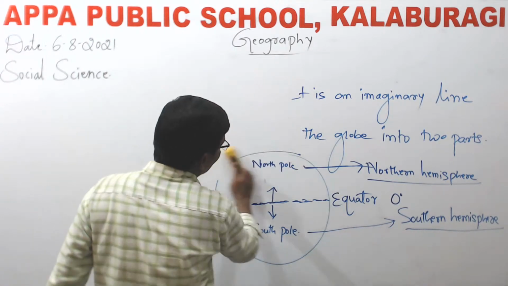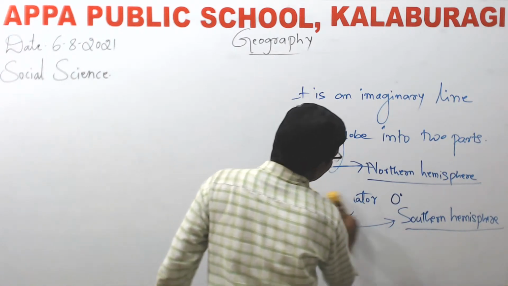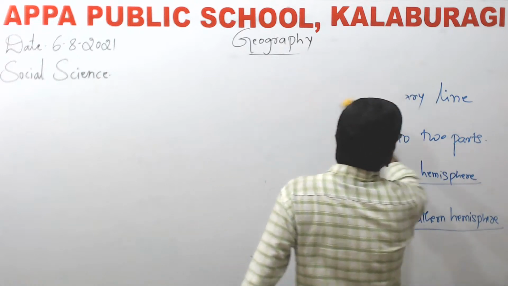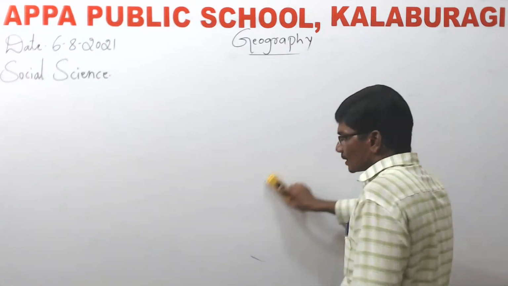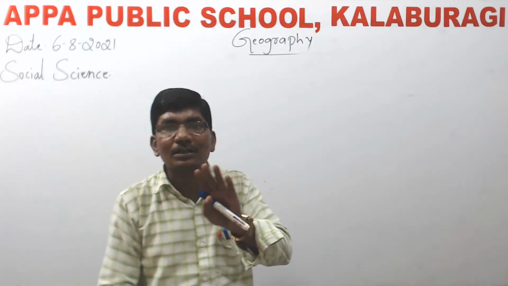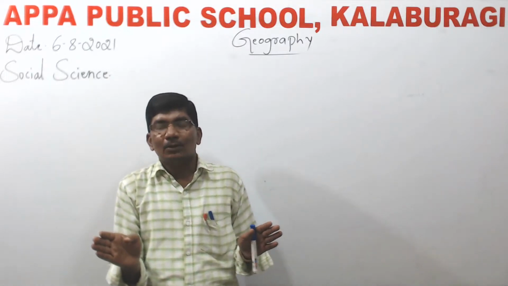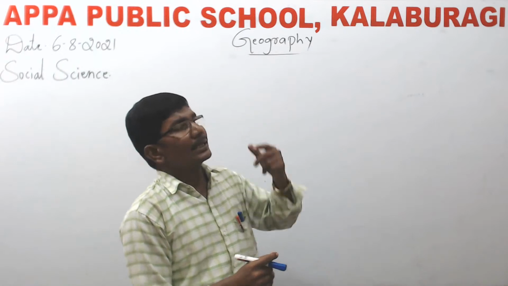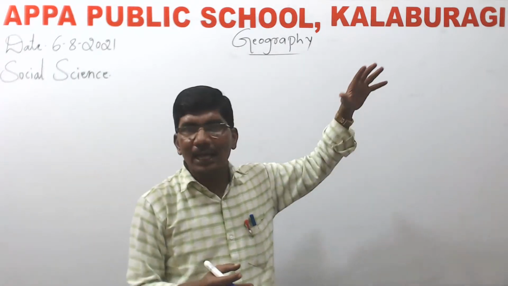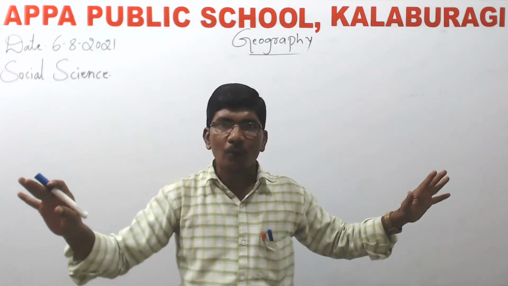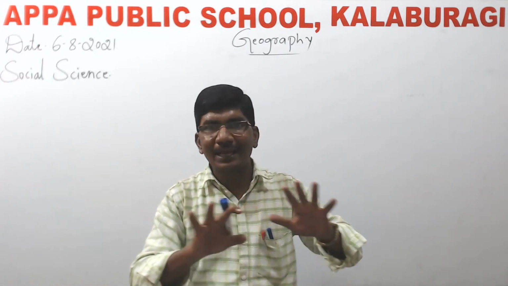And one more thing I want to tell you: this axis, equator, latitudes, longitudes, practically they are not there. You are thinking, sir, where is the axis? Practically, can you show me? Sir, where are latitudes? Where are longitudes? No. There are no latitudes.